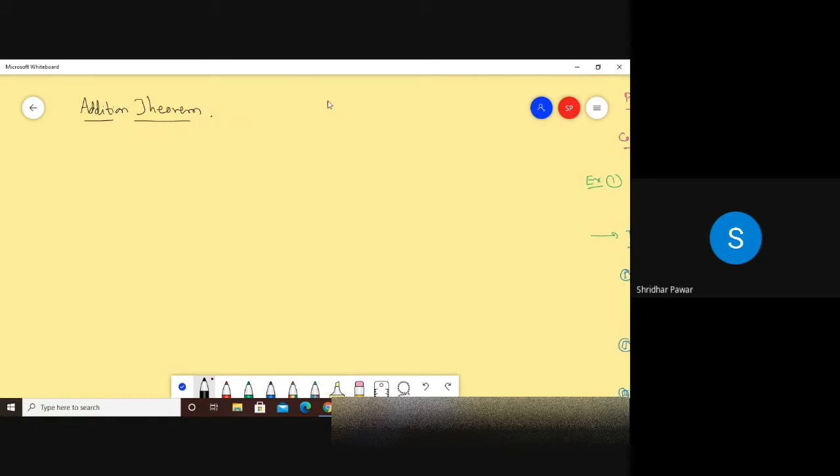For example, suppose there are two events A and B. Suppose this is our sample space S, and this is event A. Suppose we have another event, this is B. Then this common portion to A and B is A intersection B, and the portion which is contained in either A or B or both, that's what is A union B.